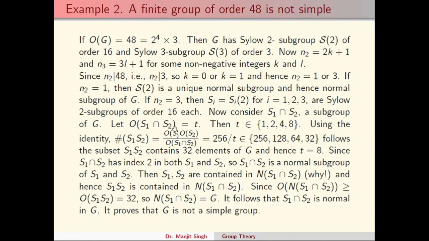Since S1 intersection S2 has index 2 in S1 and in S2, S1 intersection S2 is a normal subgroup of S1 and S2. Then S1 and S2 are contained in its normalizer, because this is the largest subgroup in which S1 intersection S2 is normal.